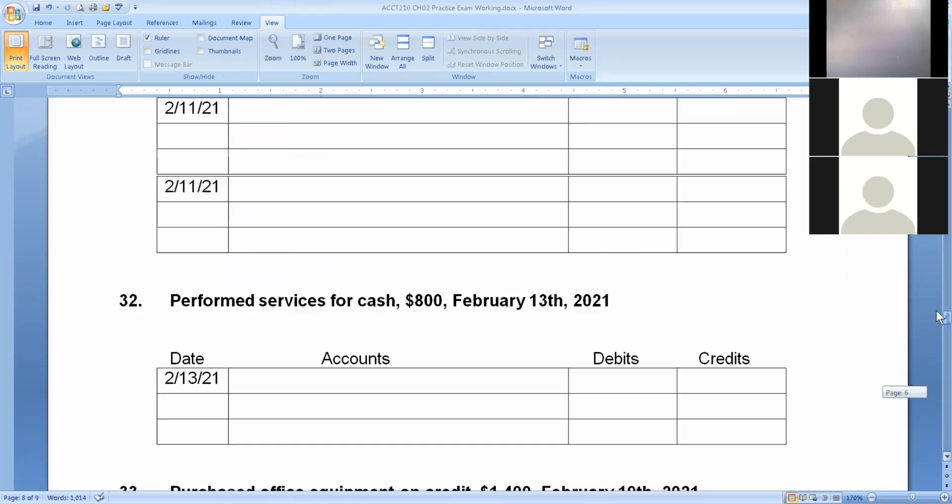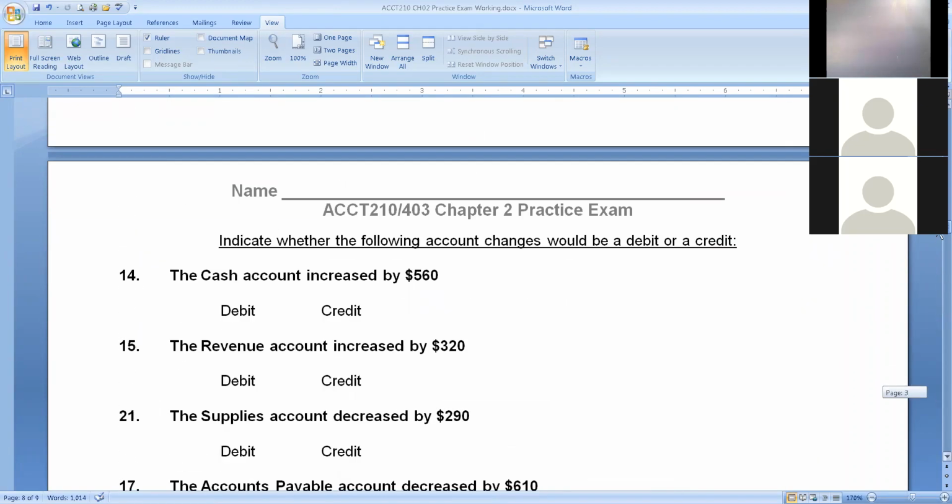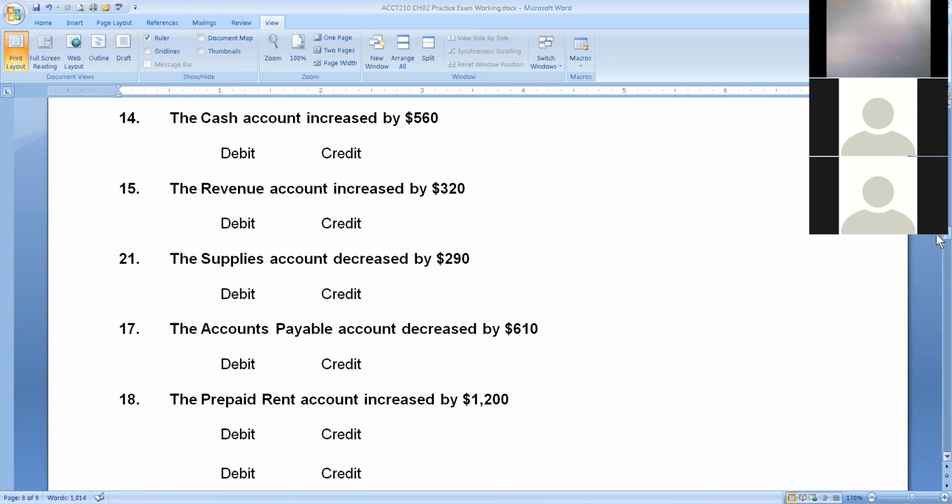Oh, there we go, it's unfrozen. So we're going to go through each one of these and see whether it'll be a debit or a credit. Unfortunately, my printer is upstairs, so I've got to grab that. I'll be right back.